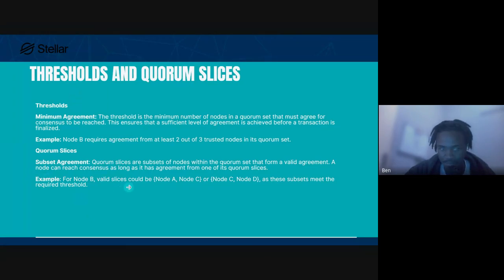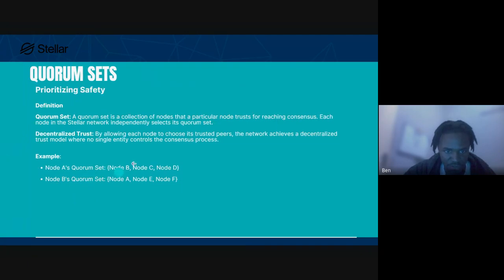So, for example, let's go back here. We have node B, node C, and node D. Let's also assume we have node F. So we have node B, node C, node D, and node F, just for illustration purposes.